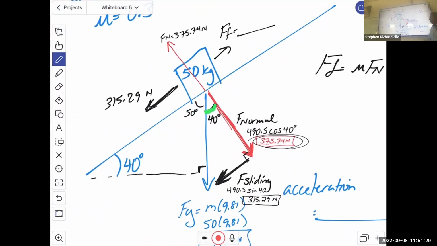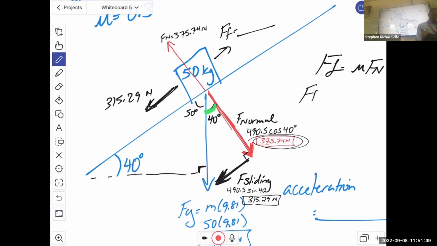What have we done? We took 490.5 and broke it up into how much is actually going down the ramp, 315, how much is in the ramp, 375. Why do I care about the 375? That's going to give me friction, so I can subtract from 315, do F equals ma, and I'm done.